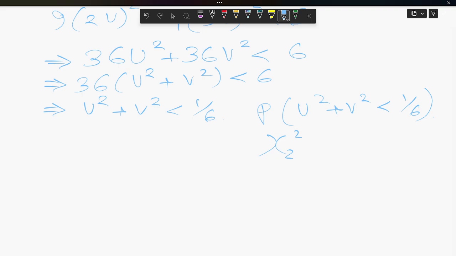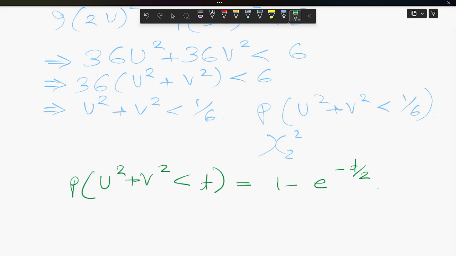The CDF of chi-square 2 is given by the probability that U square plus V square is less than t, which equals 1 minus e to the power minus t upon 2.